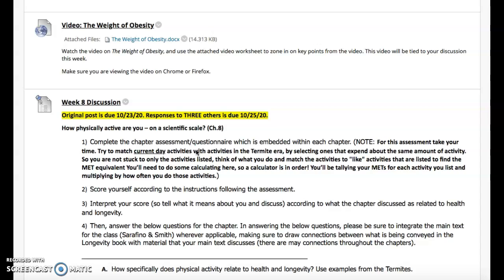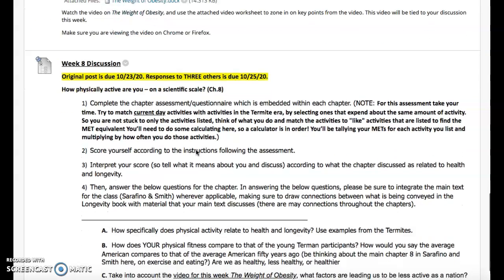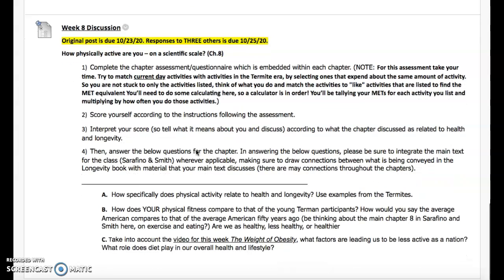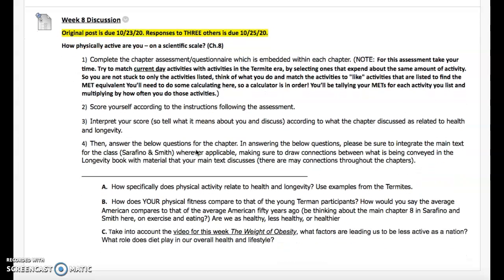Each thing is going to get a value, and you're going to have to break out your calculator and do some quick math to determine your overall MET score. Once you do that, you're going to interpret your score and tell what that means about you according to the instructions in the assessment.